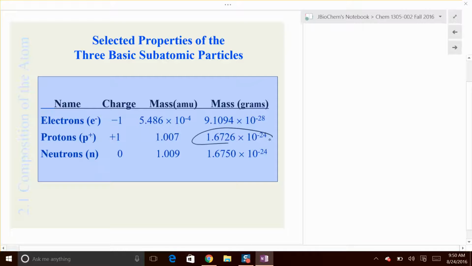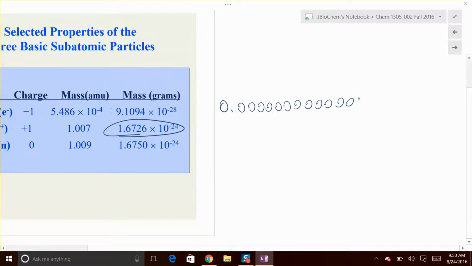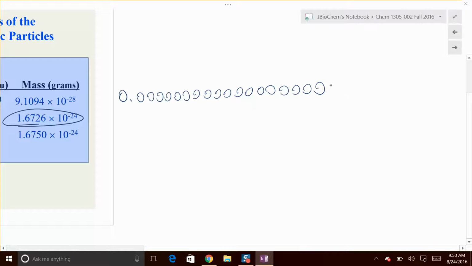So what does that number represent? It's in scientific notation. If I write it out here, it would be 0.1. That's what that number is.